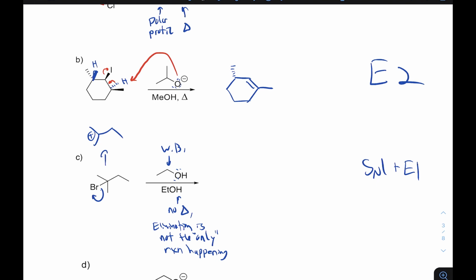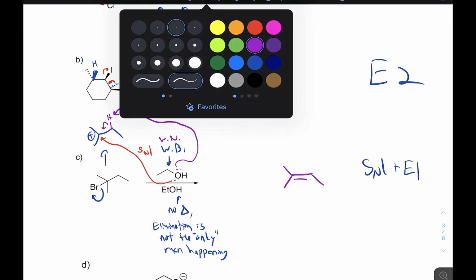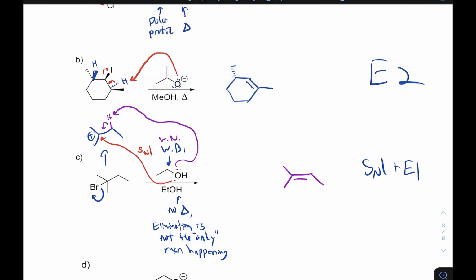We can have an SN1 happen, where alcohol comes in as a nucleophile, or we can have an elimination reaction occur, where our base comes in. It's a weak base, but also a weak nucleophile, so it will come in as a weak base and form an alkene, just like this.